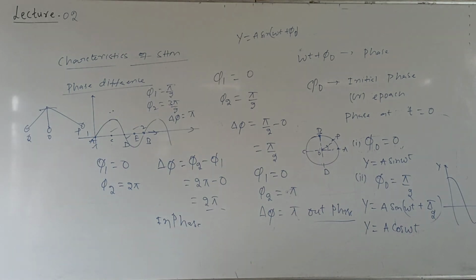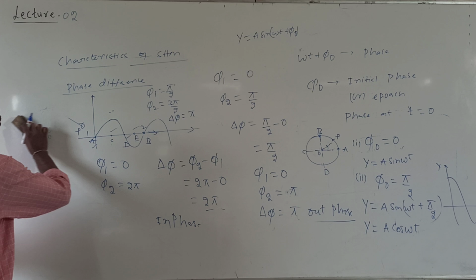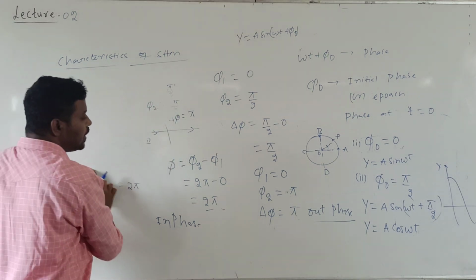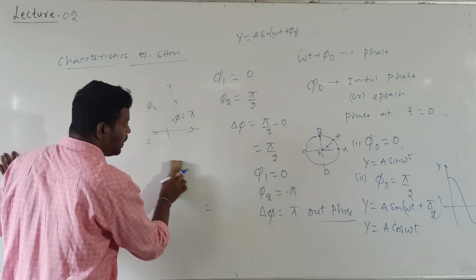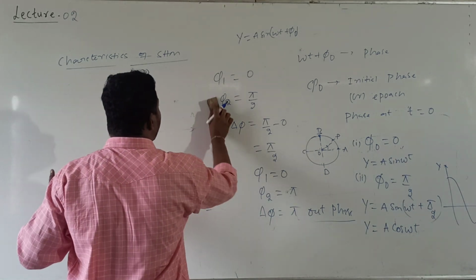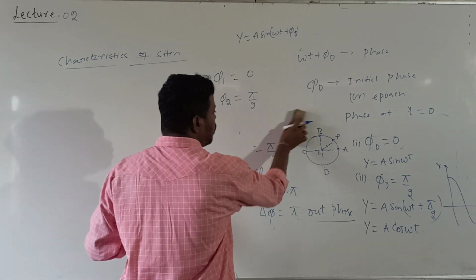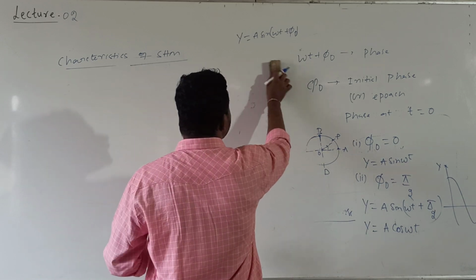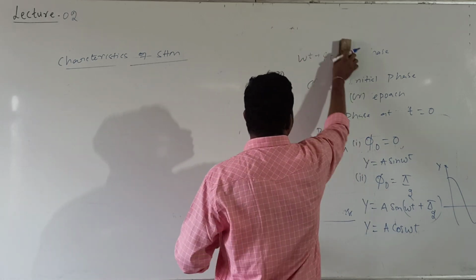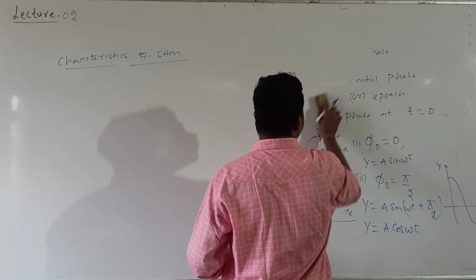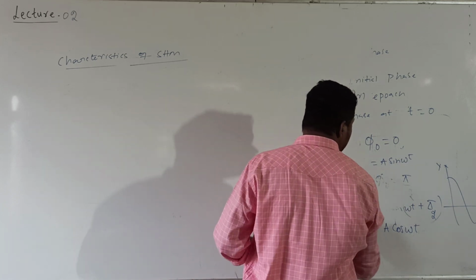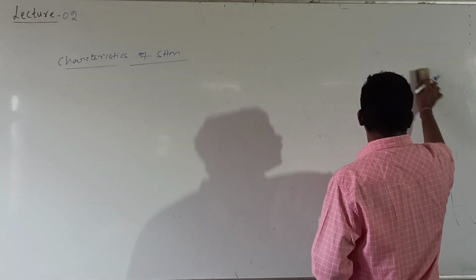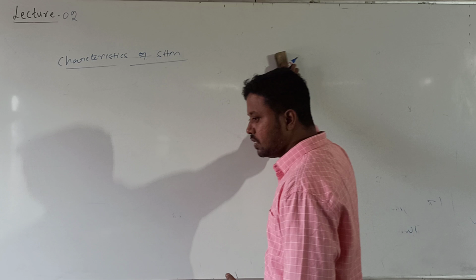So you should come to know that when the phase difference is 2 pi, two particles are said to be in phase, in the same vibrating state. When the phase difference value is equal to pi, two particles are out of phase, in the same state but opposite in direction. Whenever the phase difference is pi by 2, if one particle is at mean position, the other particle is at extreme position. So that is regarding phase difference.